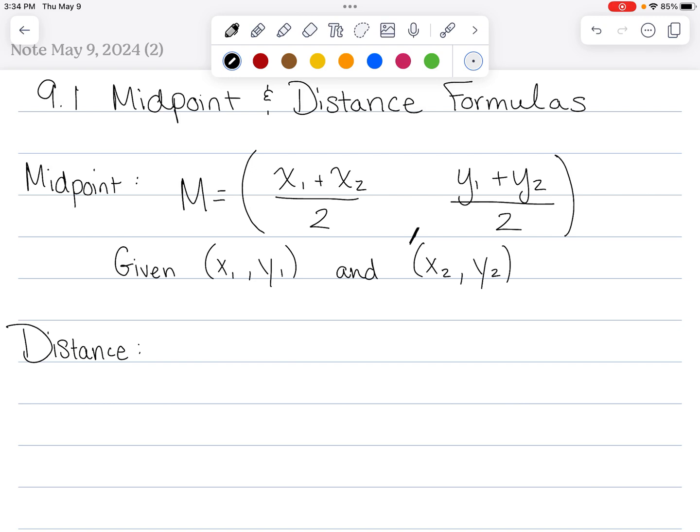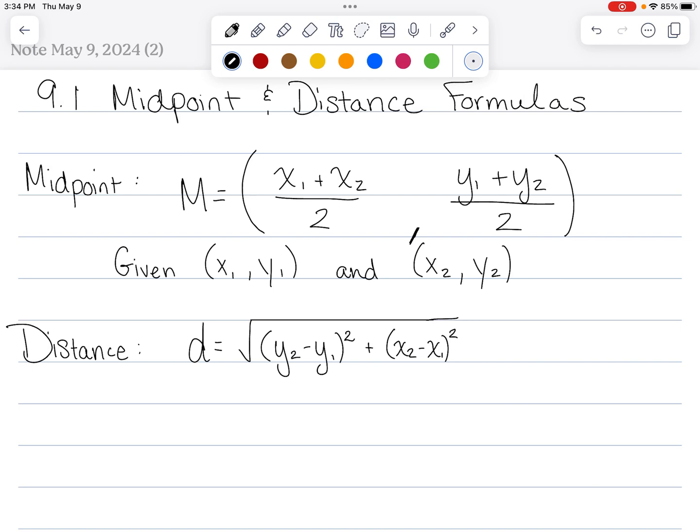Distance formula is just a modified Pythagorean theorem. It works with coordinate points on a grid. You can always graph it and draw a right triangle and do your Pythagorean theorem, but distance formula saves the graphing. It says distance equals the square root of y2 minus y1, close that squared, plus x2 minus x1, close that squared.